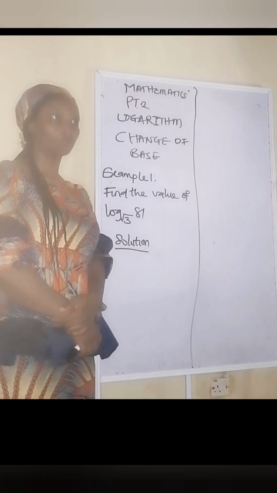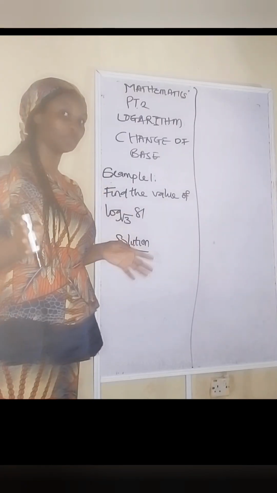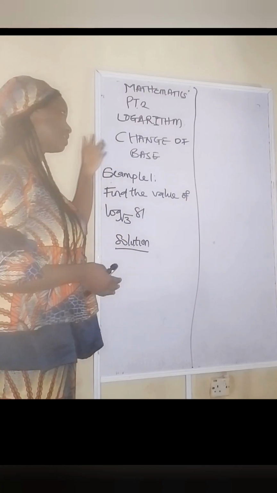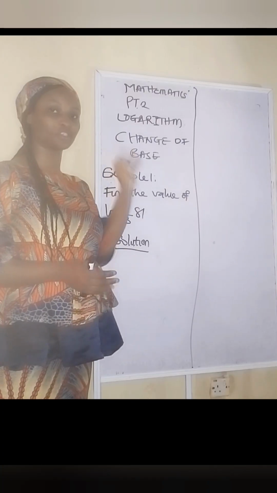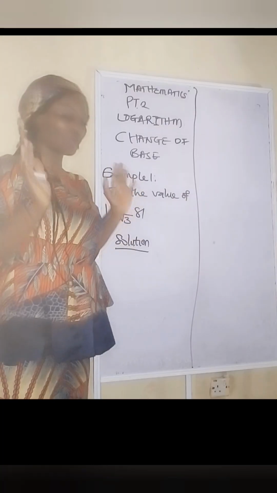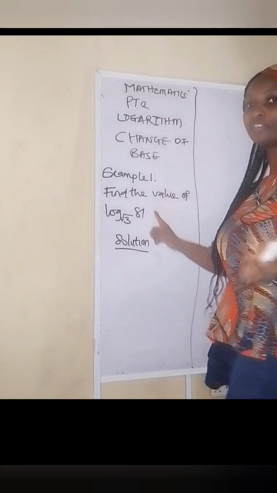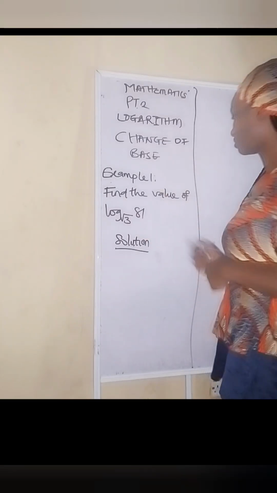You'll be like, wow, how can I do this? We have the right to change the base. That's why I put the subtopic change of base, so we have the right to change the base to suit us and get a particular answer. See, we have root 3. Let's change the base to 3. So let's do that.